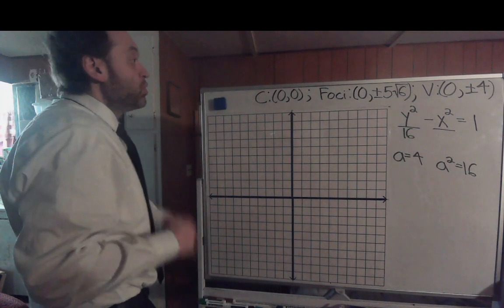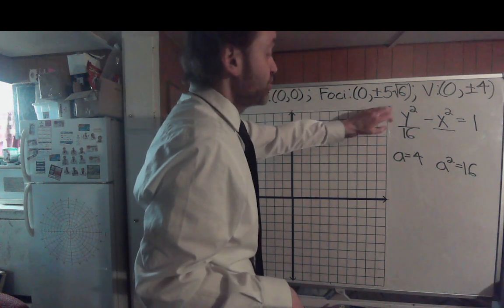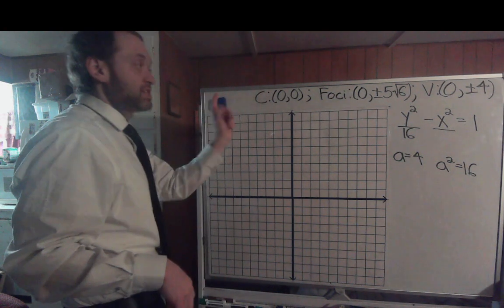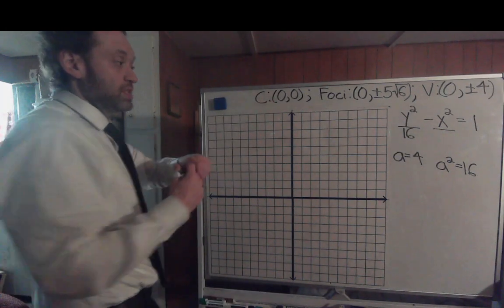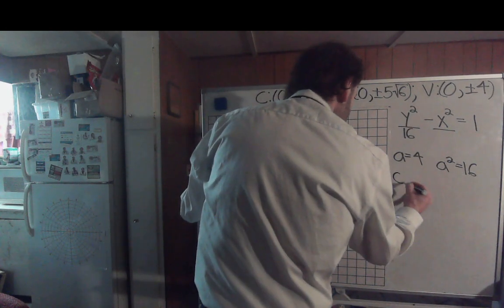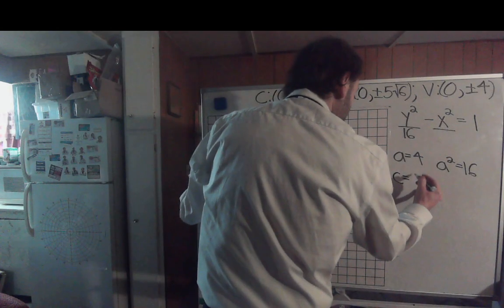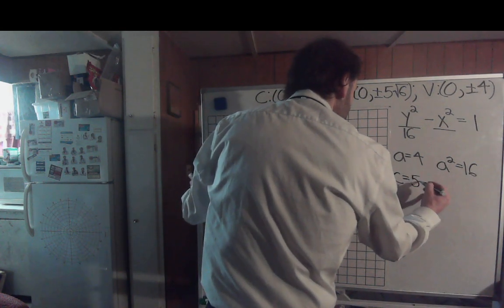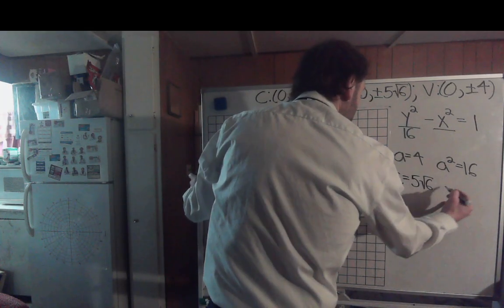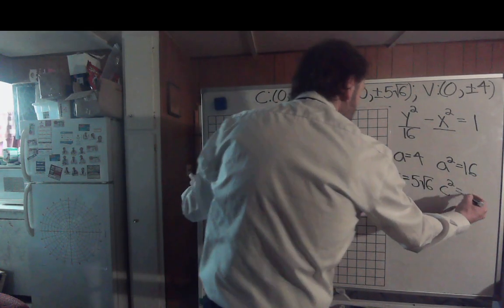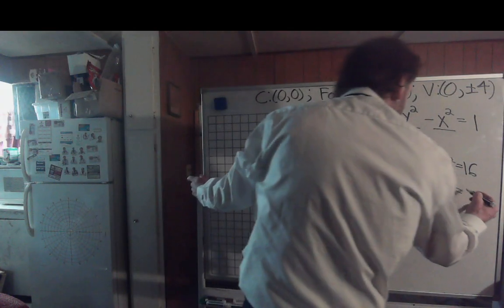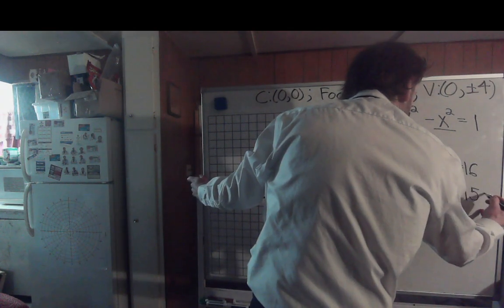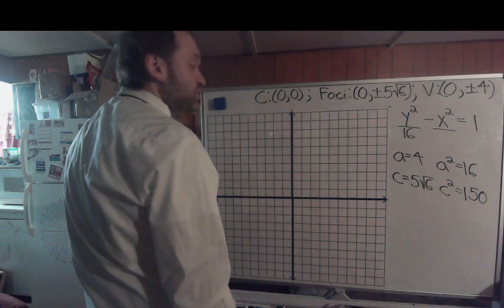Now, we know the foci are a change of plus and minus 5 times the square root of 6 units from 0. So C equals 5 times the square root of 6, which would have to mean then that C squared would equal 150. Alright, so we have that.